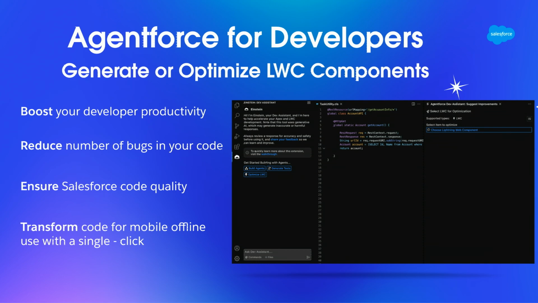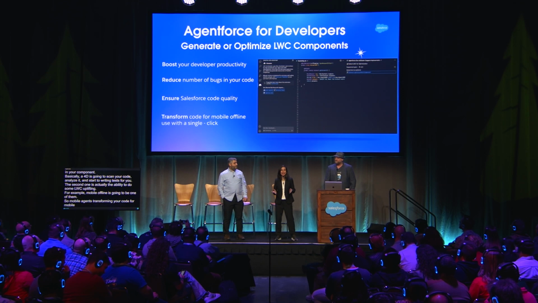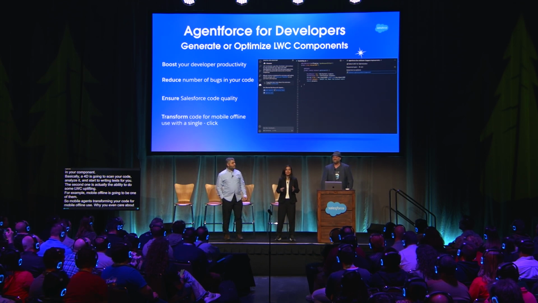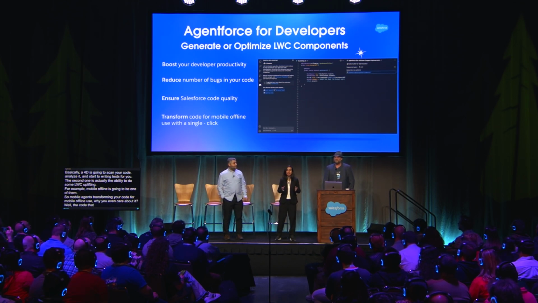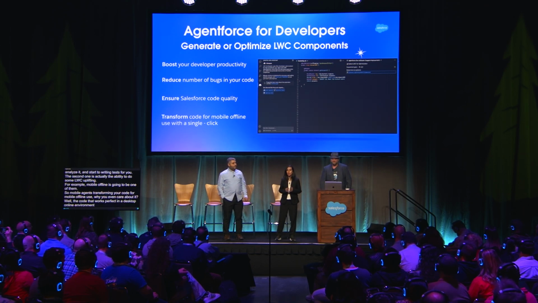The second one is the ability to do some LWC uplifting. For example, mobile offline is one of them. So mobile agents transforming your code for mobile offline use. Why even care about it? Well, code that works perfectly in a desktop online environment often fails silently when used in a mobile offline environment.